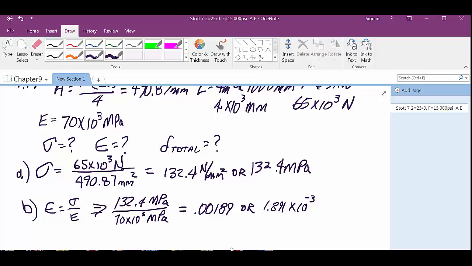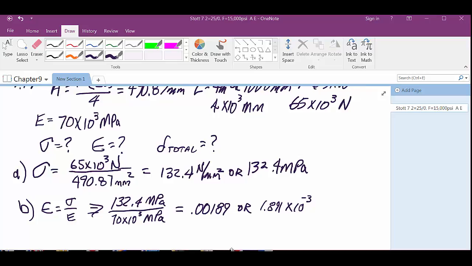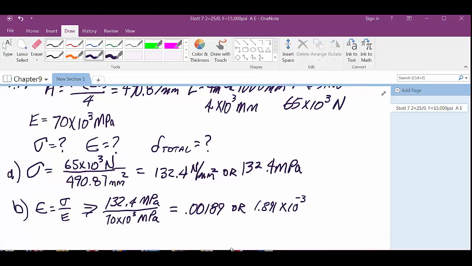The megapascals cancel each other, but then you're left with 10 to the third. Could you still have the 10 to the third on the bottom? That's just saying there are 3 zeros there, a placeholder, if you will.